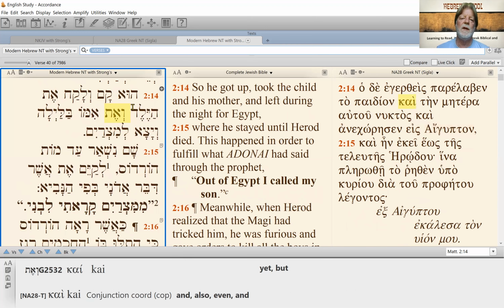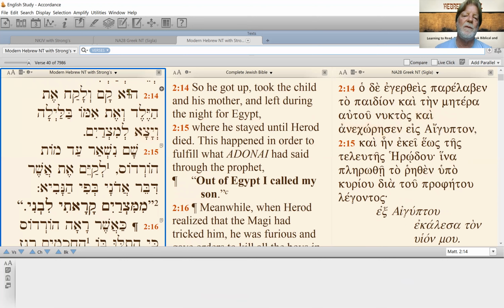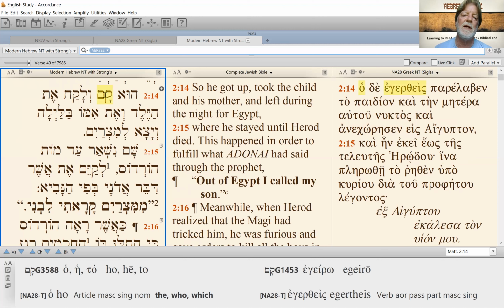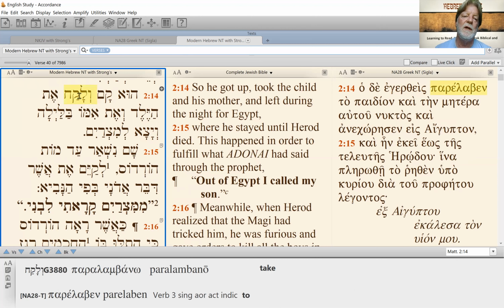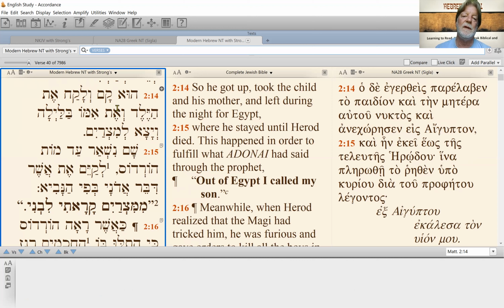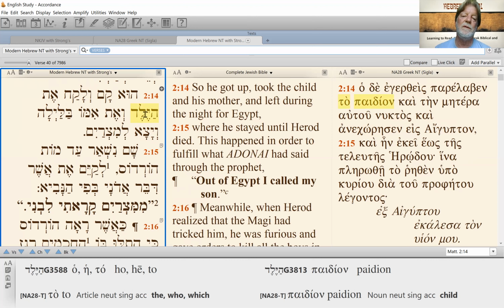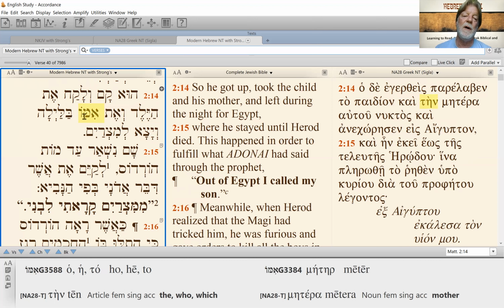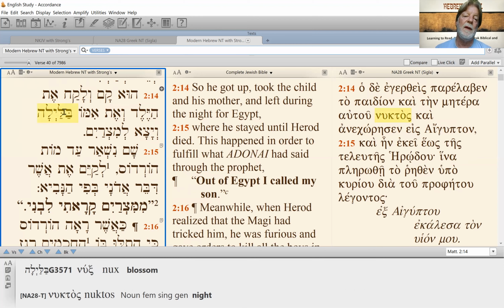Okay, chapter 2, verse 14. Hu, he, that would be Joseph, who just had the dream. Kam, he arose. Velakach, and took. So there's the lakach with the vav, and took et hayeled, the child, et imo, and his mom, balayla. Layla is the Hebrew word for night.